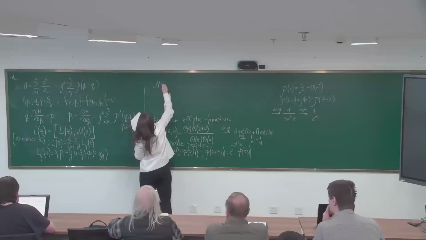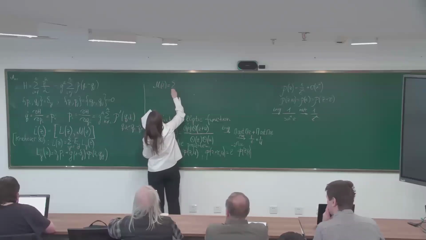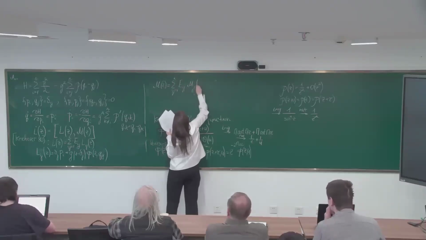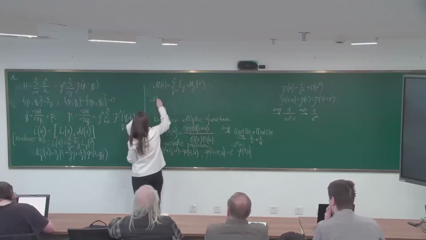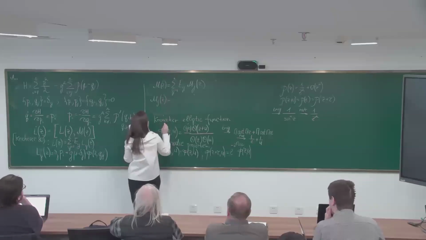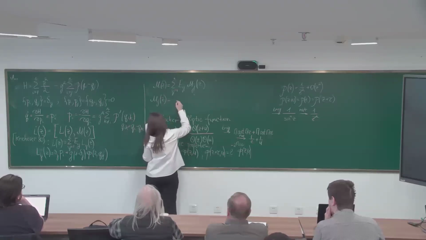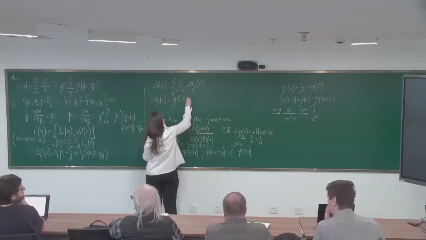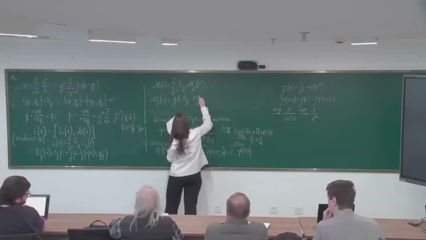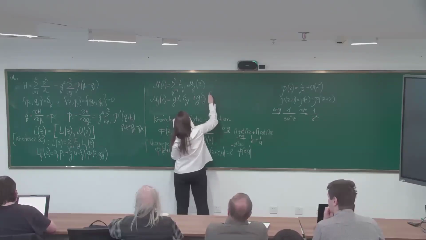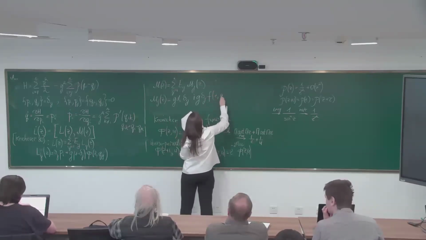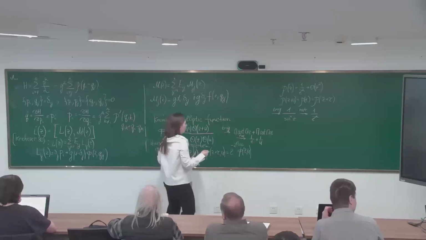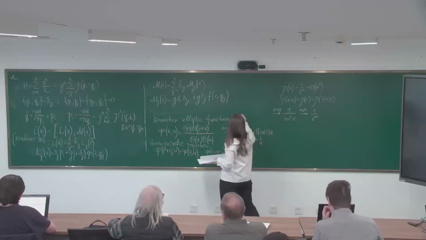So M is also a matrix. Here, these f are just the derivatives of phi.